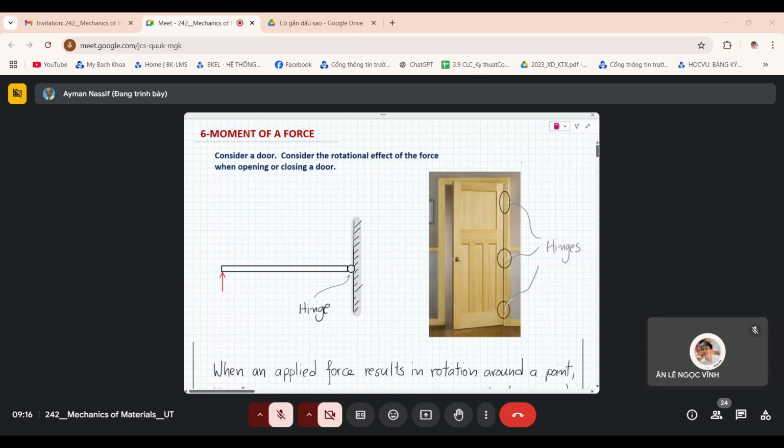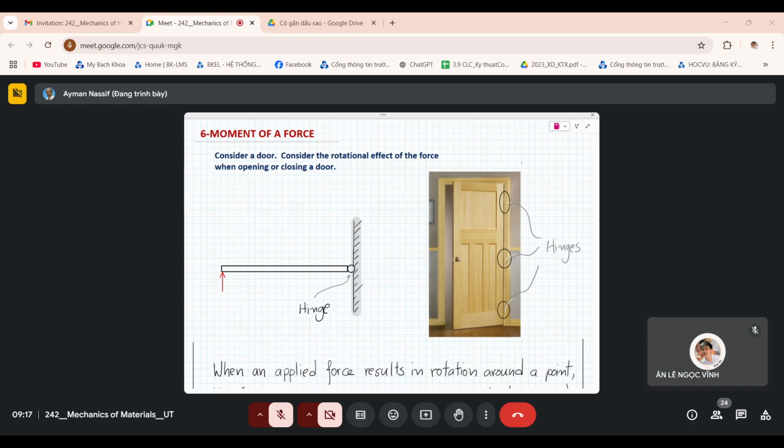So the idea of moment of a force. A force can have translational effect, which is a linear movement, but a force also can have rotational effect, as you can see here from the idea of the door.